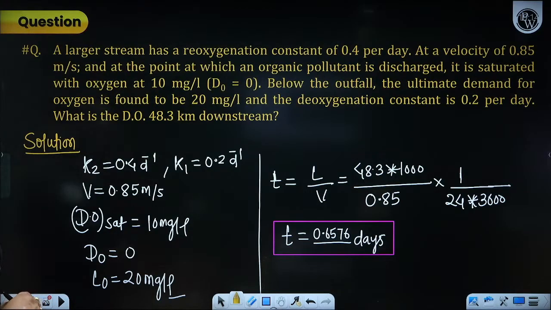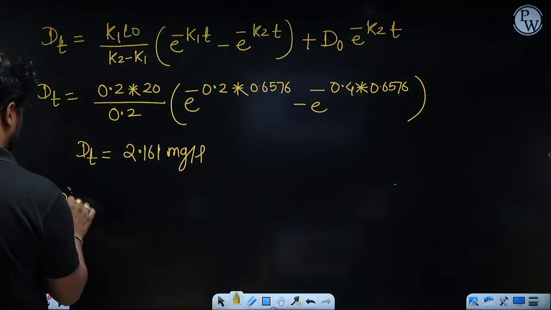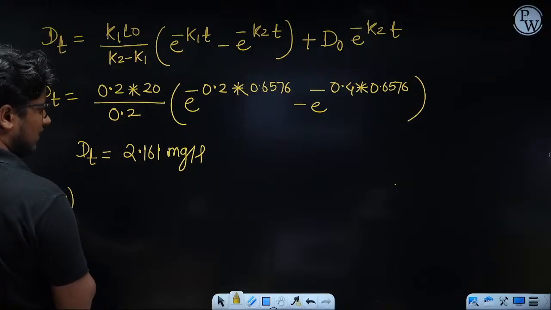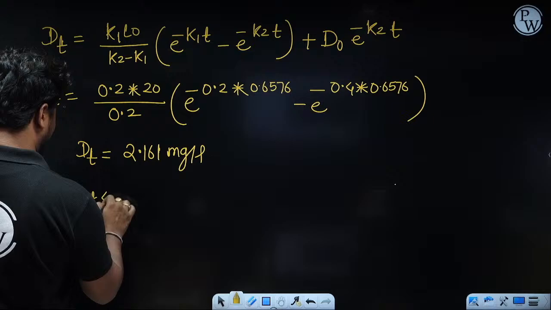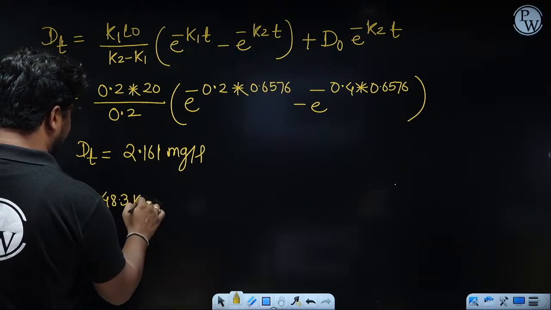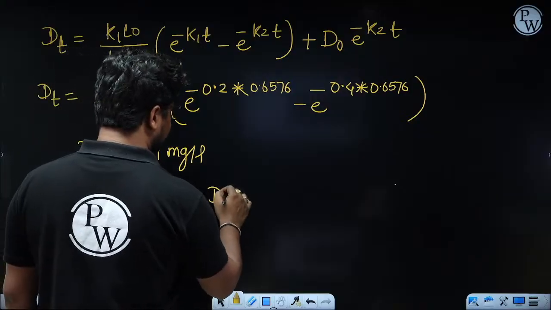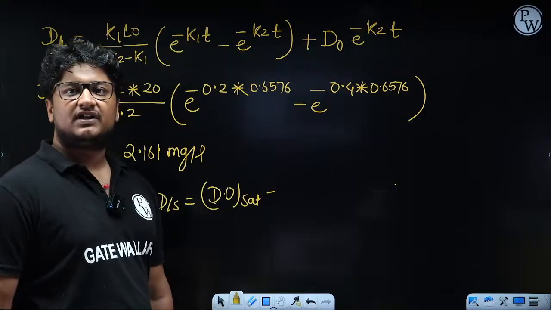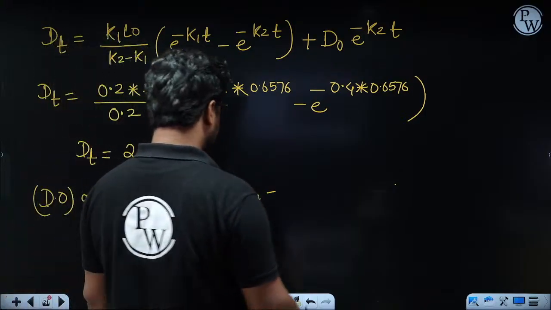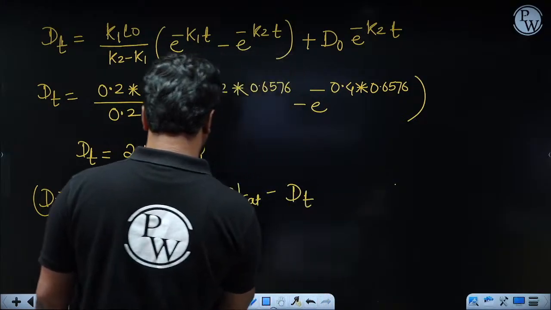Now this question is asking you dissolved oxygen. So dissolved oxygen at 48.3 kilometer downstream will be equal to DO saturation minus Dt.